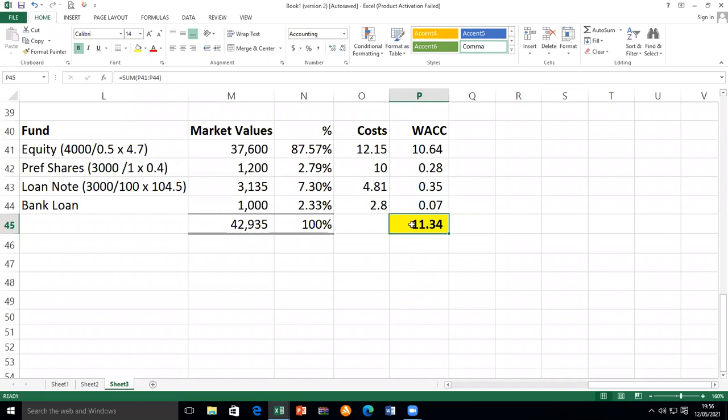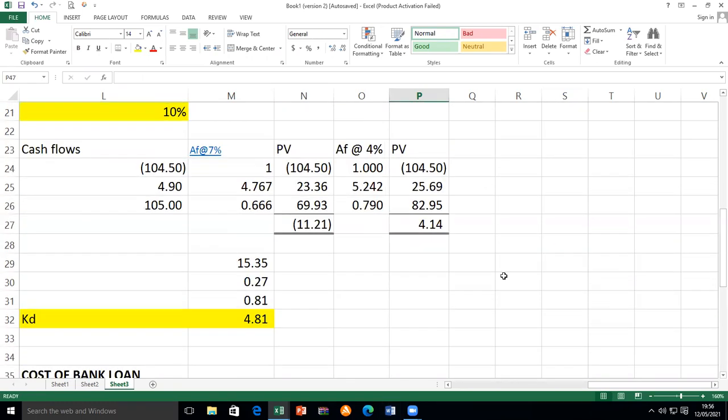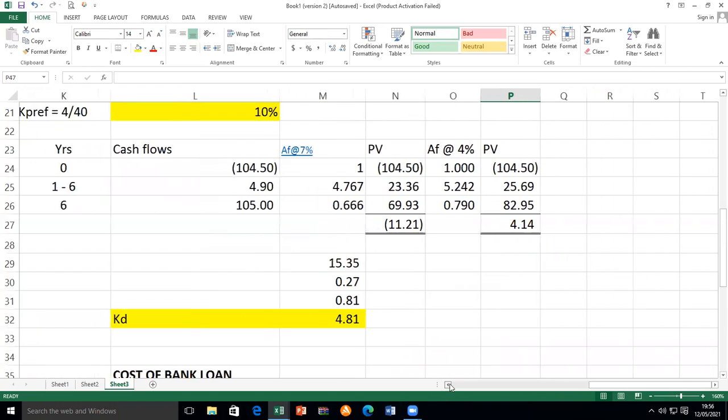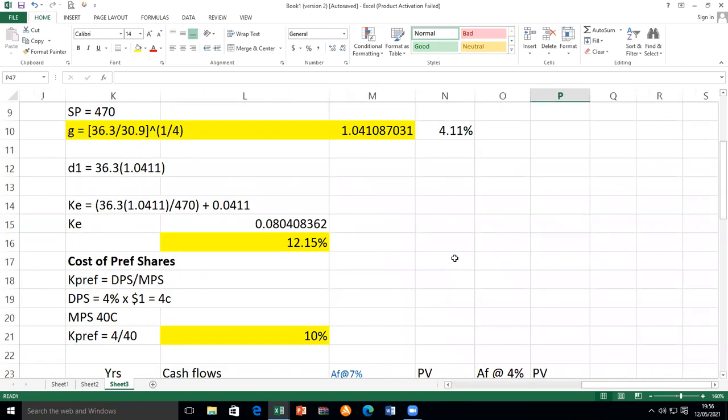How do we re-estimate the business risk? How do we calculate the business risk? The answer is we need to calculate a new cost of equity. Using what model? Capital asset price model. So the cost of equity has to be recomputed, this one.